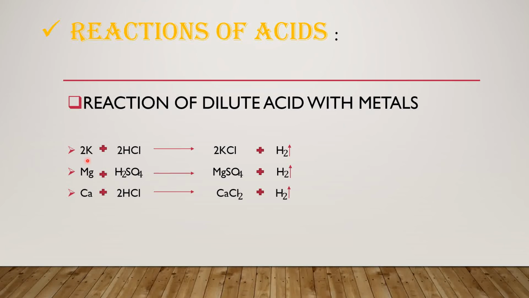For example, 2K, that means potassium, plus dilute hydrochloric acid 2HCl. The 2 means nothing but two molecules, 2 potassium and 2 hydrochloric acid, gives 2KCl, potassium chloride, plus hydrogen gas is liberated.